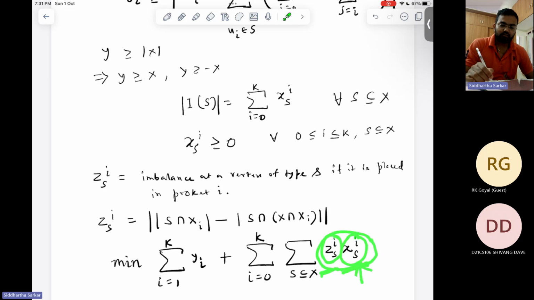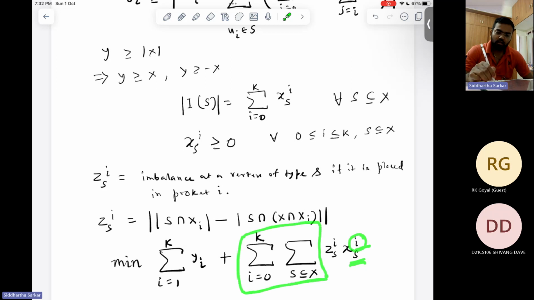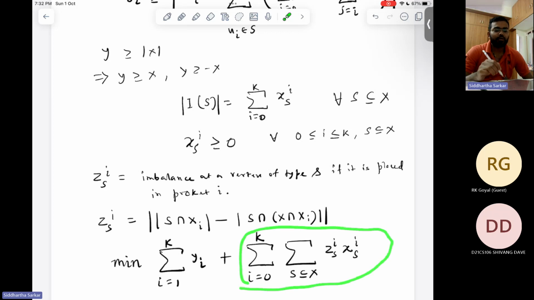We take this term to mean the imbalance of these vertices of type S going to pocket i. Now you take the sum over all pockets and all S's. Then this is nothing but the total imbalance contributed by the vertices in the independent set.